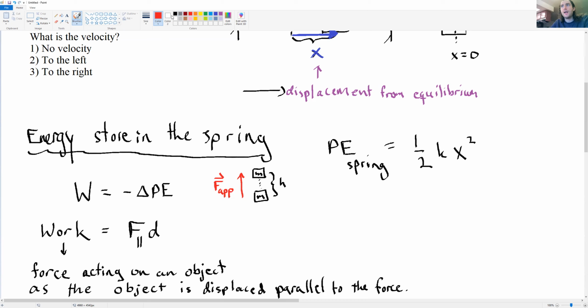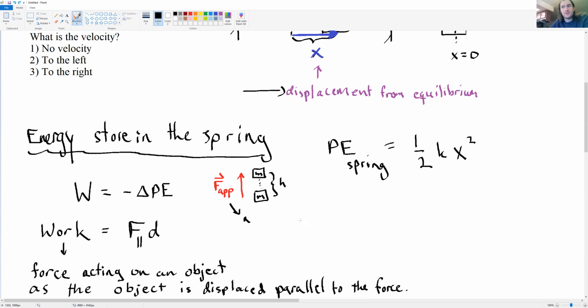And that applied force has to at least be equal to mg, right? If I don't lift with a force equal to the weight of the object, then I just can't lift it. I'm just not strong enough if I can't exert a force equal to the weight.